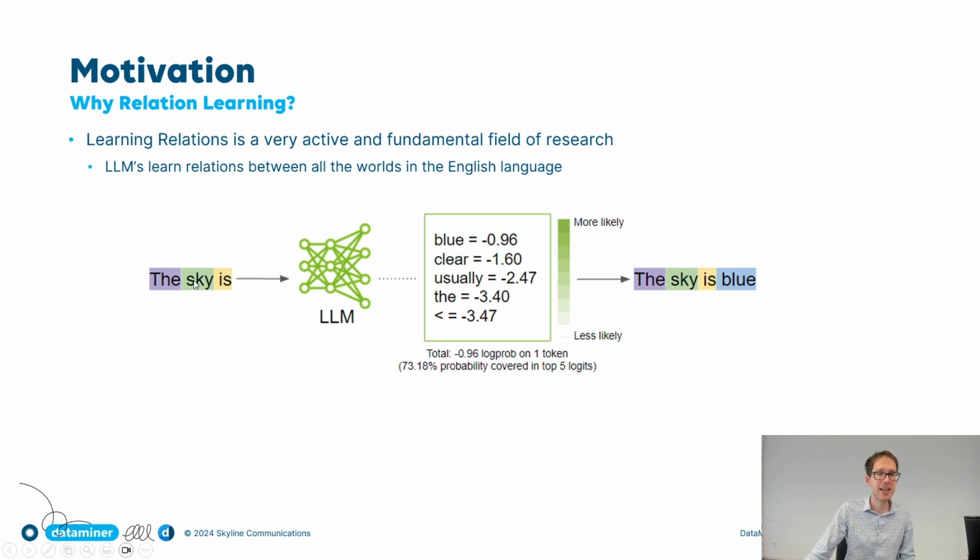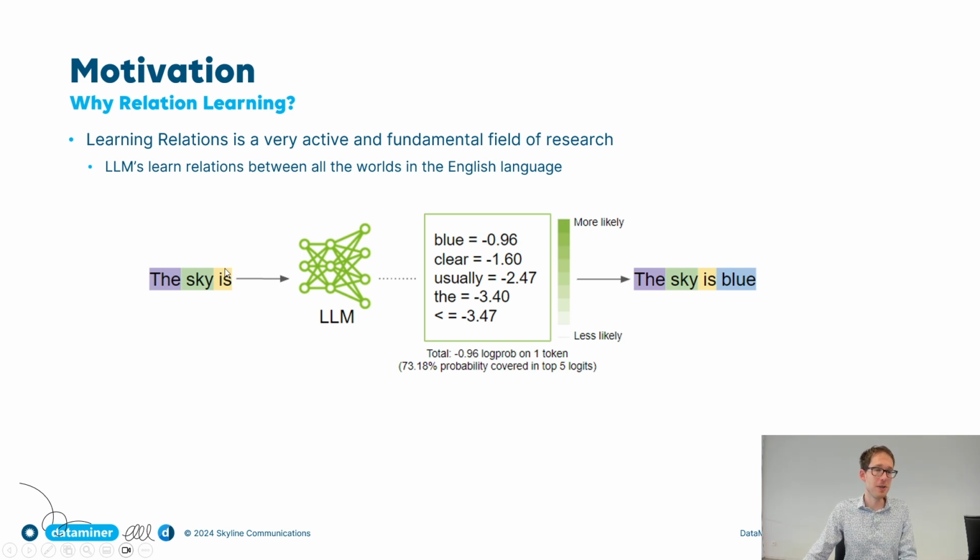When it sees "the sky is," it has a probability distribution to decide which word is probably next. Here you see the probability of the next word in this sentence. Now, it's not really a probability, it's a log probability, but you can interpret it as a probability, and the higher the number, the more likely it is that this word is next in the sentence.